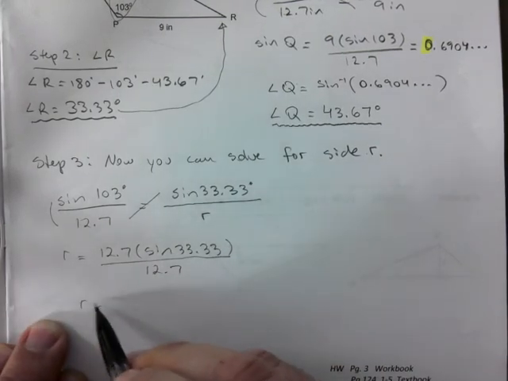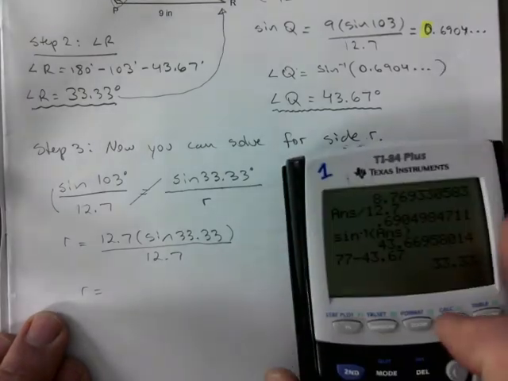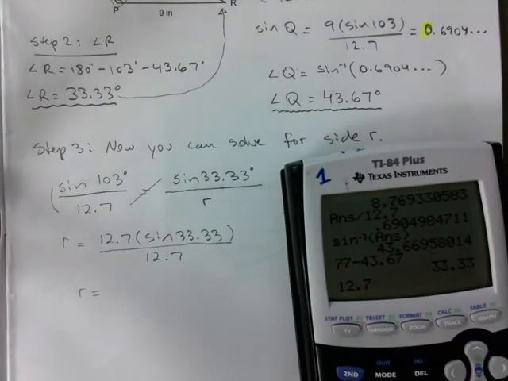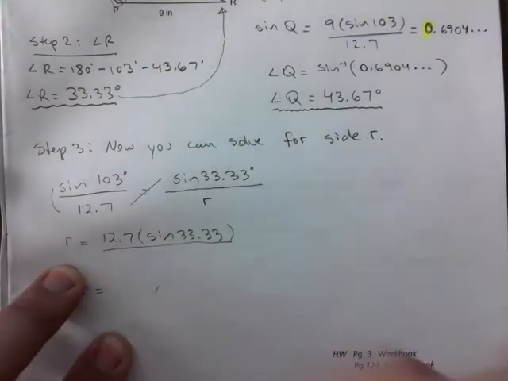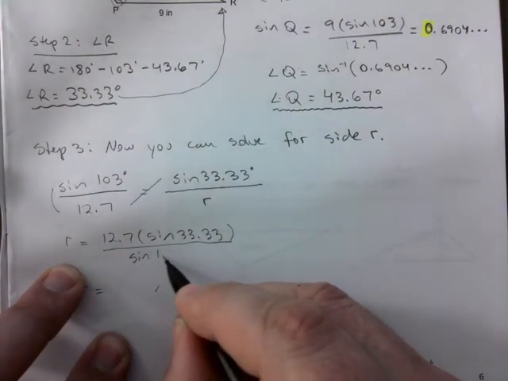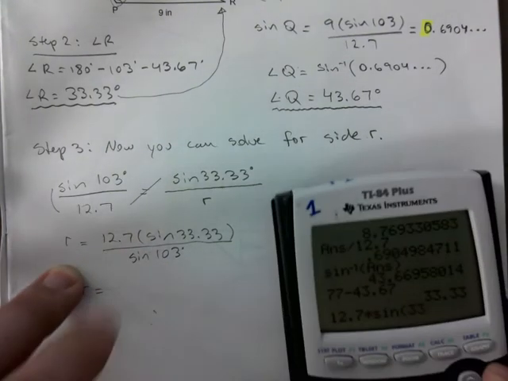And let's see what this gives you. I left you so much room there. Isn't that nice? I learned my lesson from stats. Oh, it's sine 103. Sorry. That's what. Good catch. Good catch. Okay.